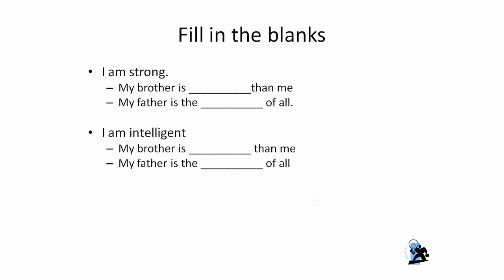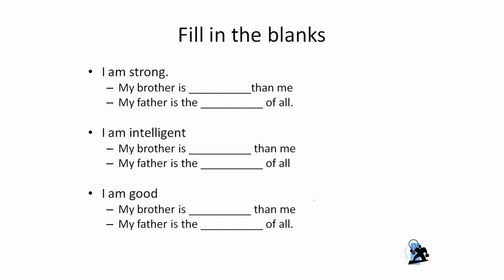Next one. I am intelligent. My brother is dash than me. My brother is more intelligent than me. Next one. My father is the dash of all. My father is the most intelligent of all.